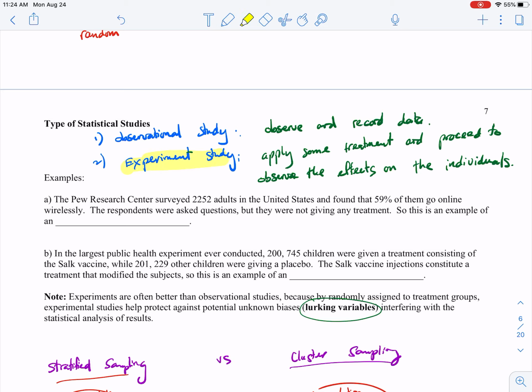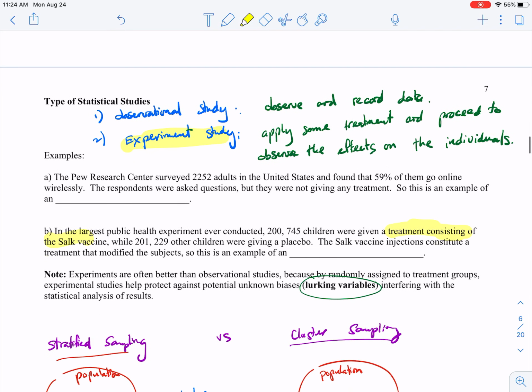So we have two examples, A and B here. They're pretty simple. When you read them, one is straight observational, and the other one is an experiment, because the subjects are given treatment. Here's the word vaccine. Two groups will be divided, one given a placebo vaccine, the other given the actual vaccine, and you try to see how that affects the outcome.